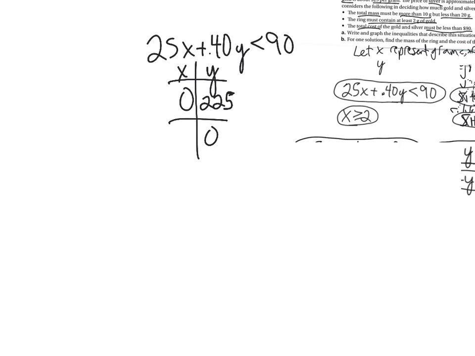Obviously that doesn't fit all of our other criteria. You could put a 0 in for Y and then divide by 25, and that would be 3.6 or 3 3/5. So we could get just a few grams of gold and no silver would be another option.